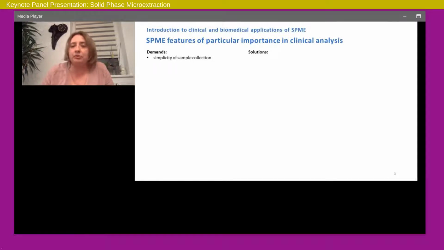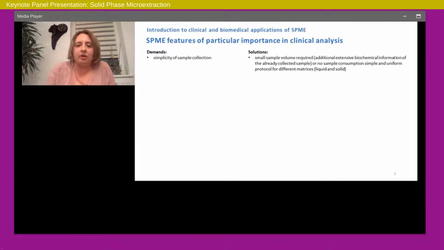We don't want to deal with too much sample. So we can either take very small volumes, because as you have already seen, the fiber can be really small, so the extraction phase can be very small. You don't need a large volume of sample. Or, if you have an in vivo application, you don't collect any sample, you just extract small molecules or other molecules, if your extraction phase is designed for that, from the system, and you do not take out any sample.